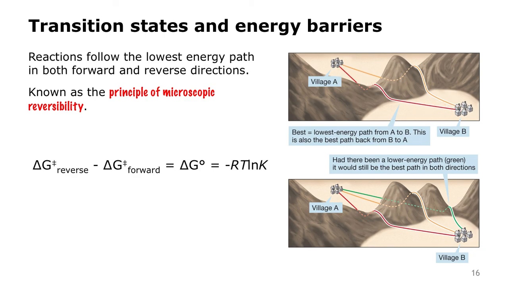And the difference between these roads is the height of this barrier that you have to climb over the pass. And the principle of microscopic reversibility says that the low energy pathway in one direction is also the low energy pathway in the other direction. And so the forward and reverse reactions are actually going to favor the same pathway, even though there are multiple pathways available.